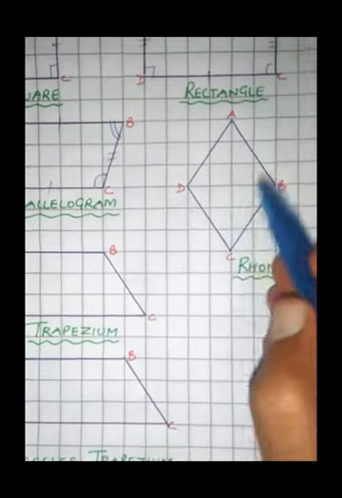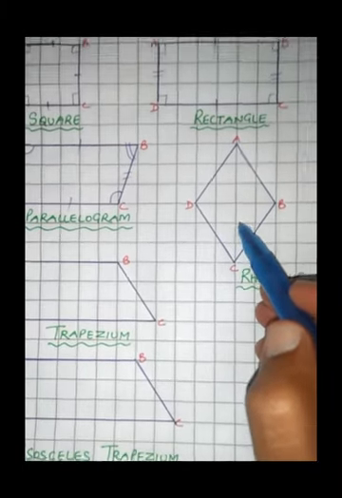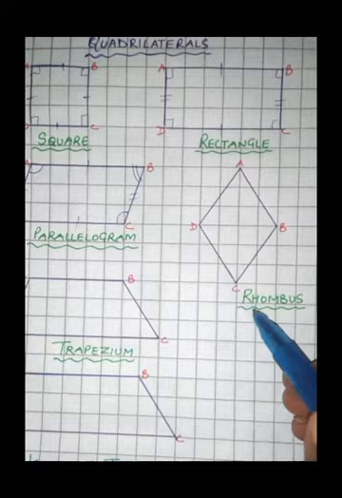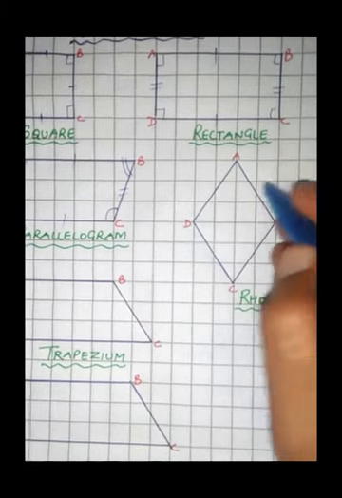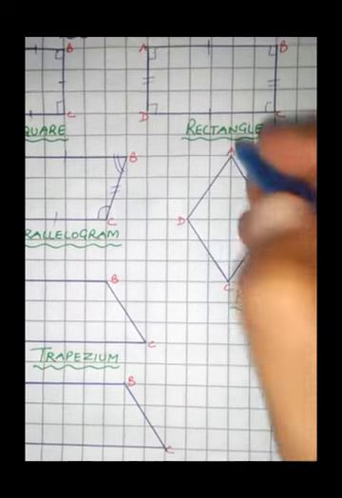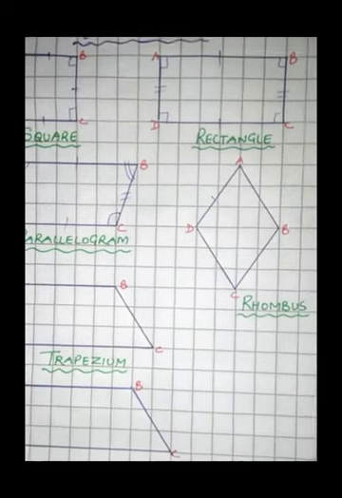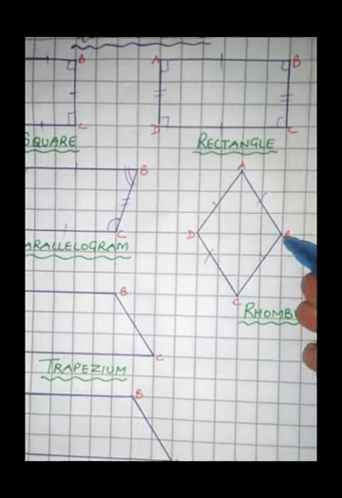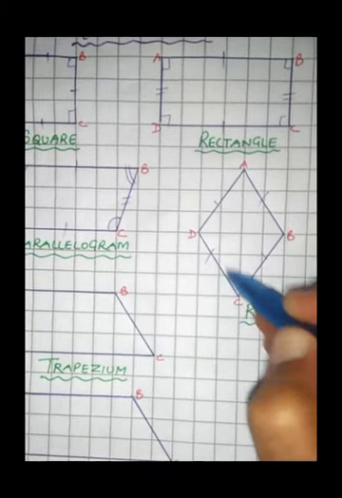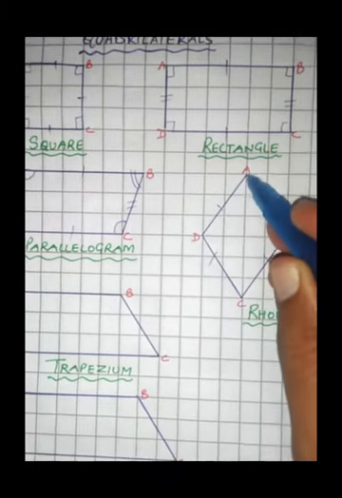Now coming on to the next quadrilateral, this is known as a rhombus. Here you can see that all the four sides are same. So in a rhombus, just like a square, all the four sides are equal. That means AB is equal to BC is equal to CD is equal to AD.